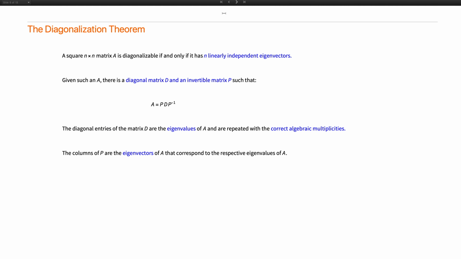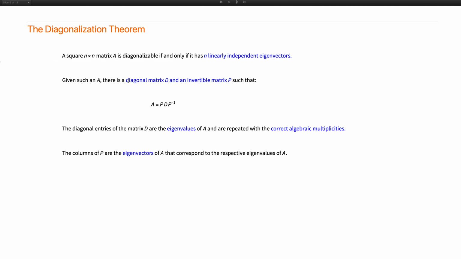Now, the main theorem for this lesson is the diagonalization theorem, which says that a square matrix is diagonalizable if and only if it has n linearly independent eigenvectors. It doesn't matter how many eigenvalues there are, you need n linearly independent eigenvectors.